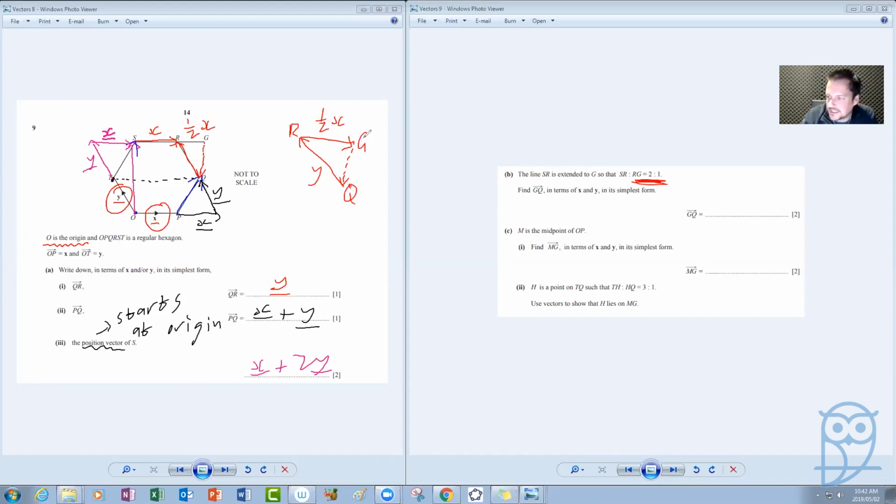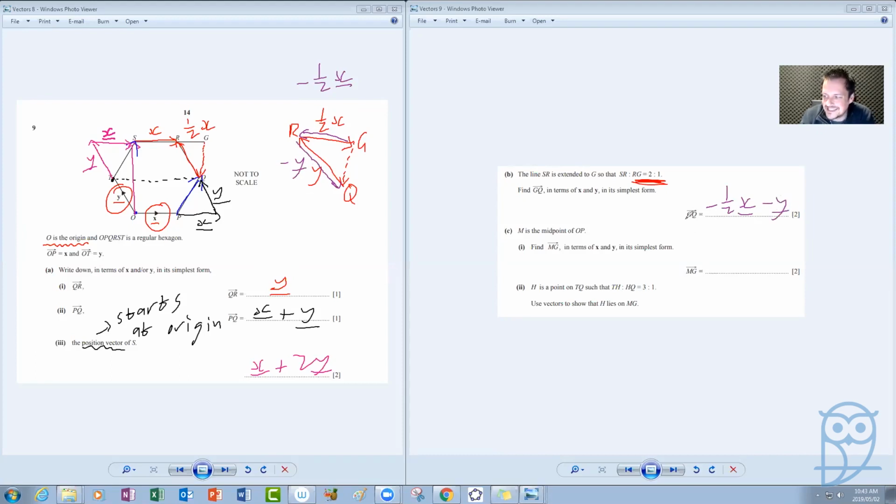So we are actually looking to go the opposite direction of both of them. We want that vector and then that vector to go from G to Q. So that purple vector is minus a half x, and that one is going to be minus y. And therefore, my answer here is minus a half x minus y.